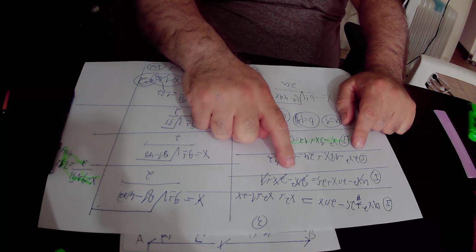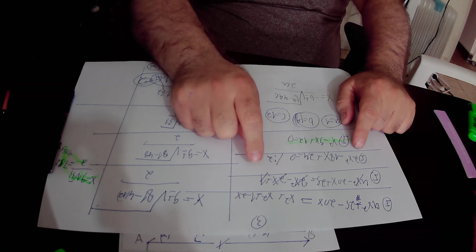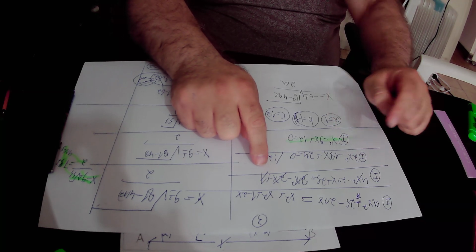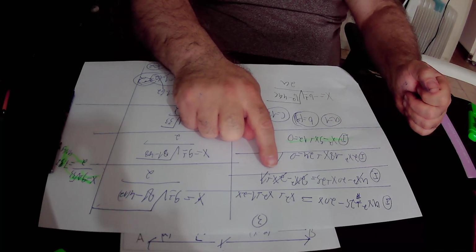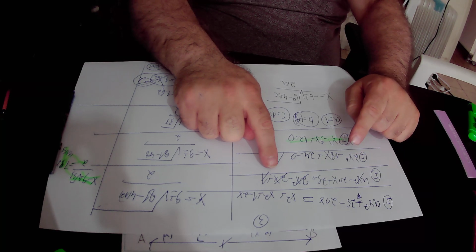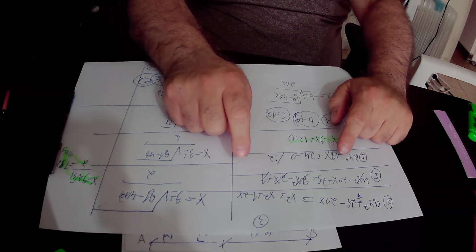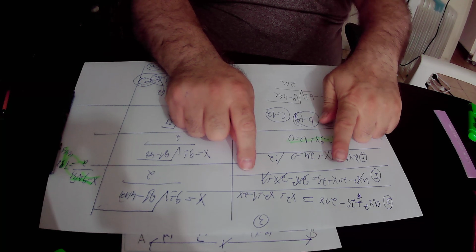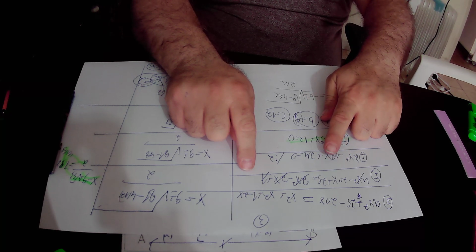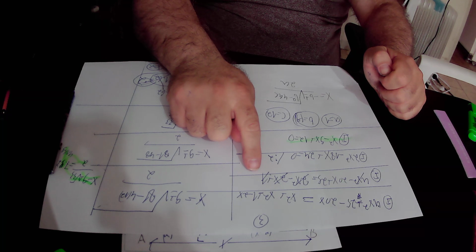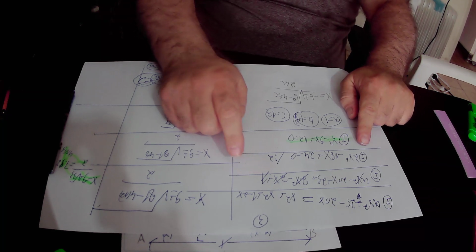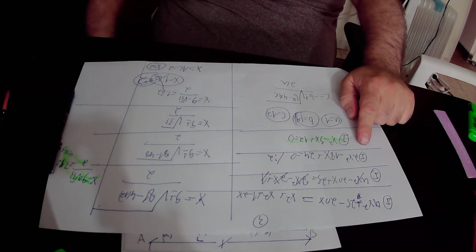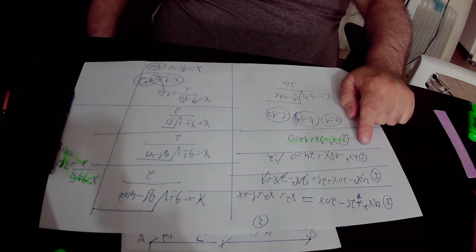We added 2X to this equation, so minus 20X plus 2X is minus 18X. We subtracted 1 from this equation, and found out that 25 minus 1 is 24. So in conclusion, we got the quadratic equation 2X squared minus 18X plus 24 equals 0.